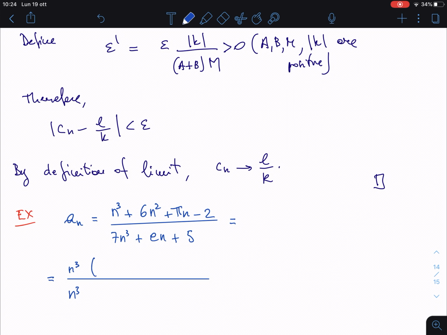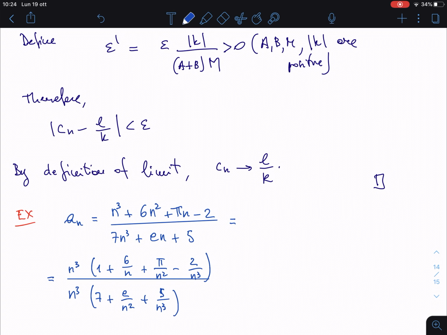So in the numerator, we end up with 1 plus 6 over n plus pi divided by n squared minus 2 divided by n cube. And here we have n cube, and we end up with 7 plus e over n squared plus 5 divided by n cube.